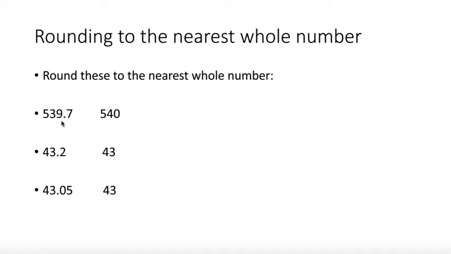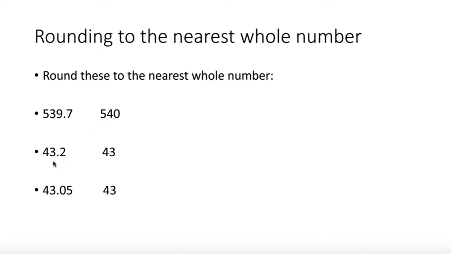This first one, we've got 9 ones, 7 tenths. It's bigger than 5 tenths, so we round up, and we'd have to round up to 540 because this number 539.7 is between 539 and 540. And because we've got 0.7, we would be rounding up to 540.